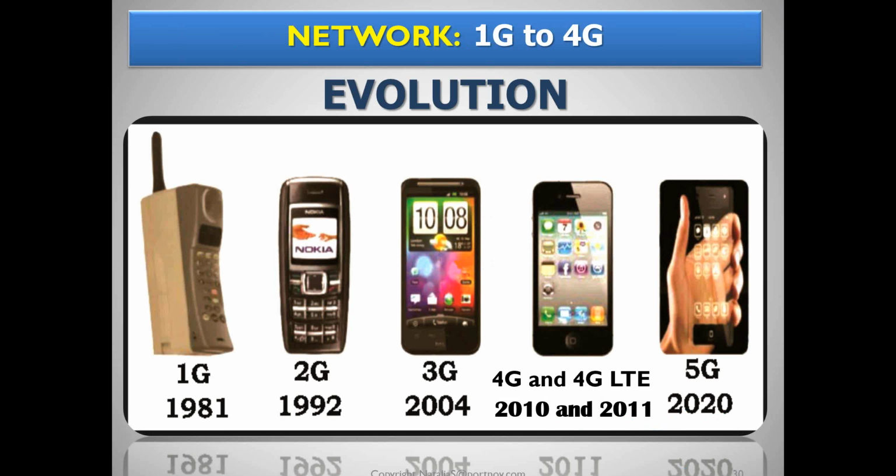It was in 1981, and by 1983 the first generation was available to the public. Then in 1992 came 2G technology, Nokia, Ericsson, I think we talked about that, right? Then by 2004 there was a big breakthrough in the technology.